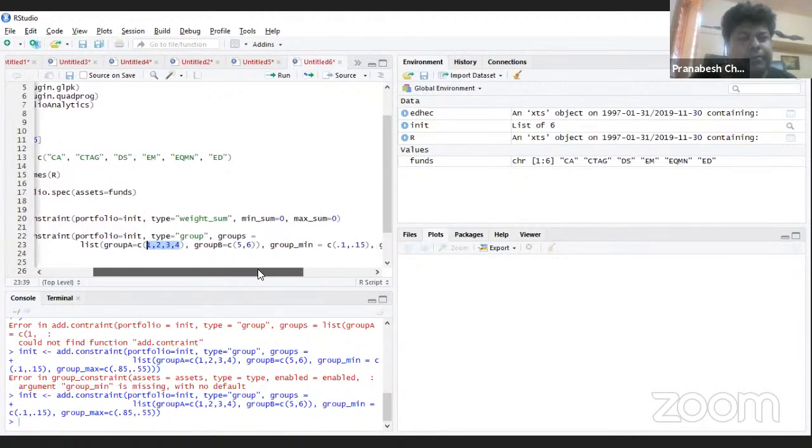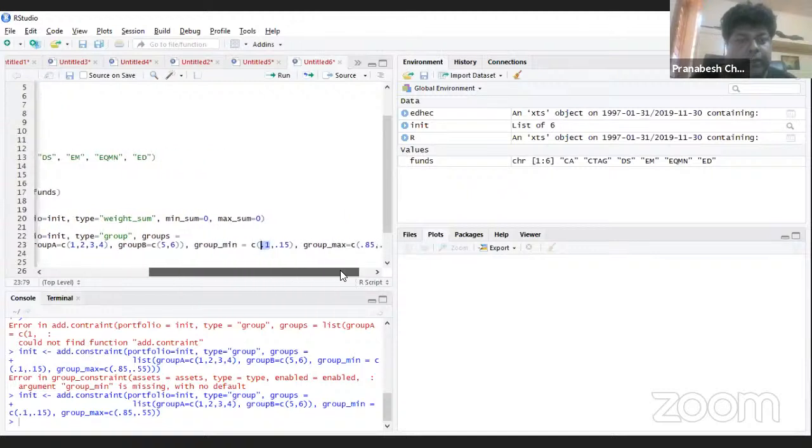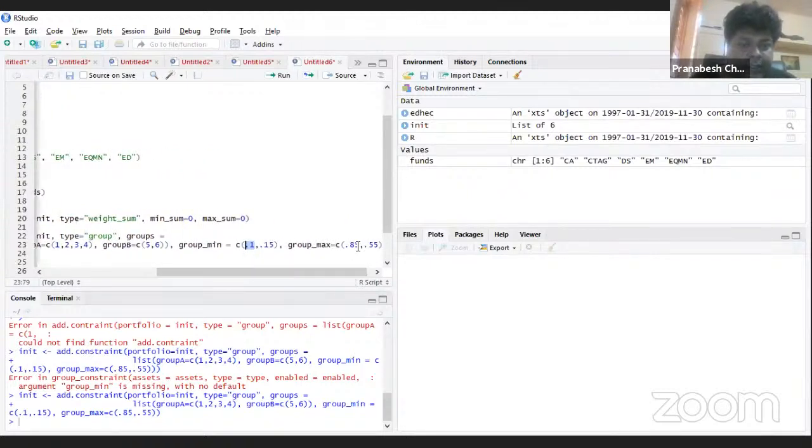The minimum value that it can take is 0.1, and the maximum value they can take is 0.85. The first 4 in your group. Similarly, the last 2 in your group, the summation can be minimum 0.5 and the maximum is 0.55.